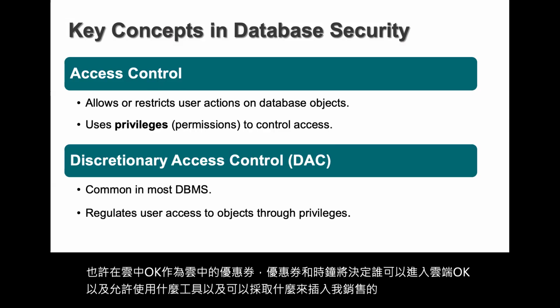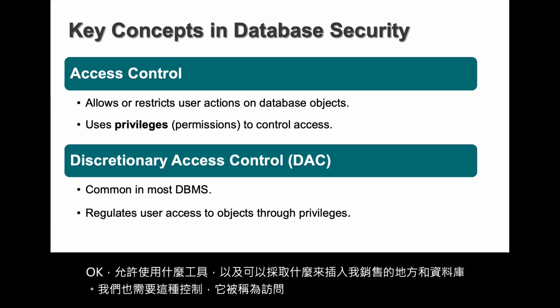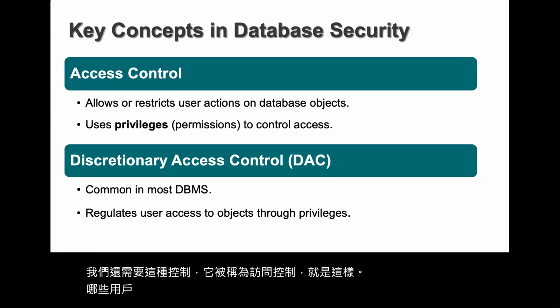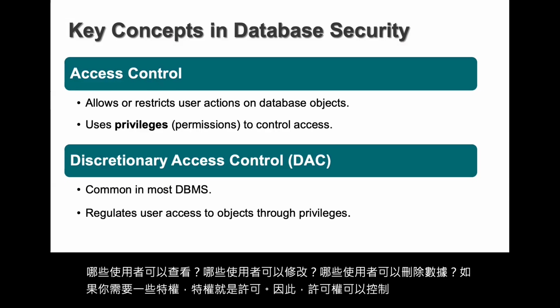In a database, we also have this kind of control. It's called access control, which determines which users can view, which users can modify, and which users can delete the data. It uses something called privilege. A privilege is a permission that controls what each user is allowed to do.